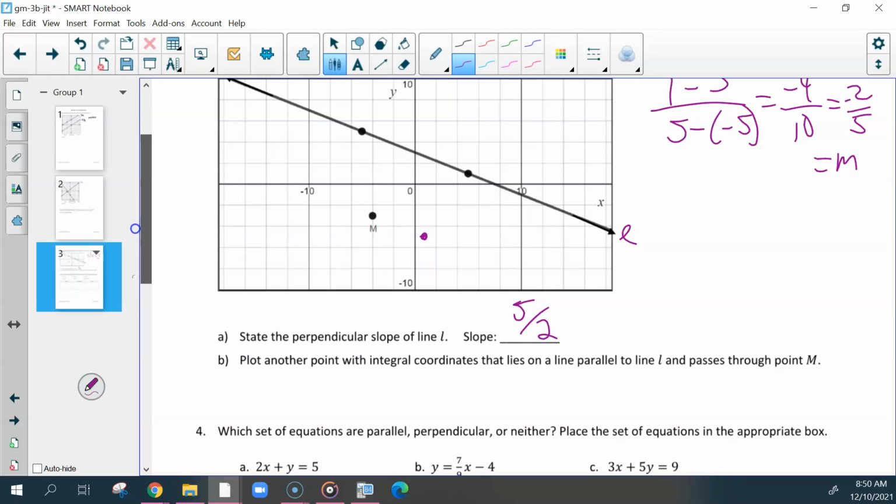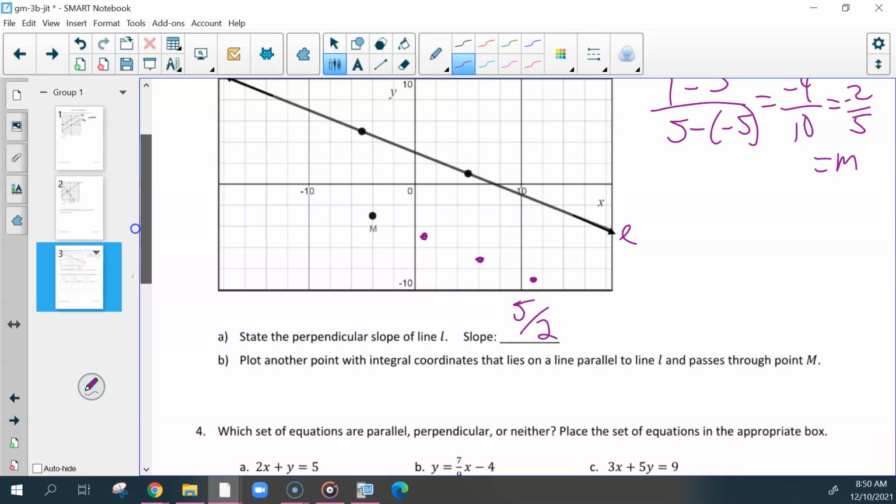There's multiple answers for this. Down 2, then right 1, 2, 3, 4, 5, 6. Negative 7 would be a point. Then 4, 5: 11, negative 9 would be a point.